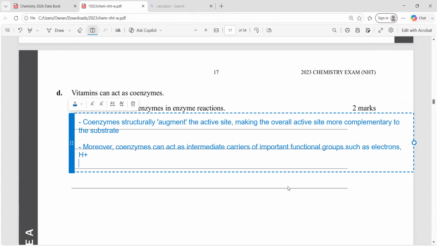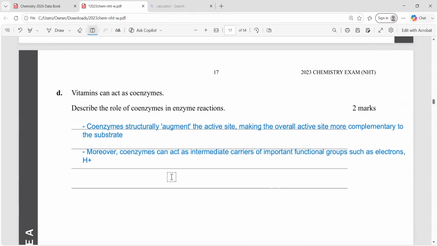Yeah, so I think that's all you really need. That's basically what they are there for.